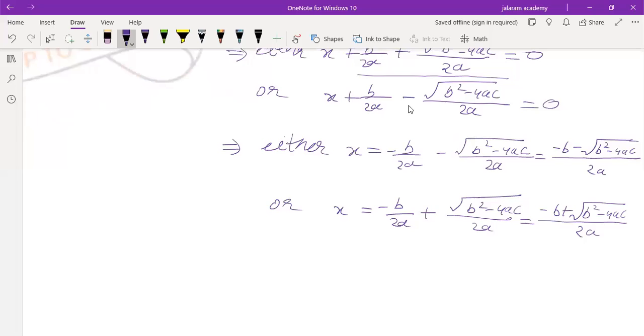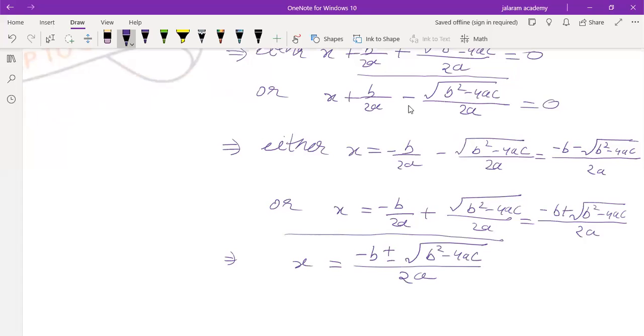Is that clear to everyone? Yes, sir. And on combining both, as there is difference of only minus and plus sign, all terms are same. So we can write minus b plus minus under root b square minus 4ac upon 2a.